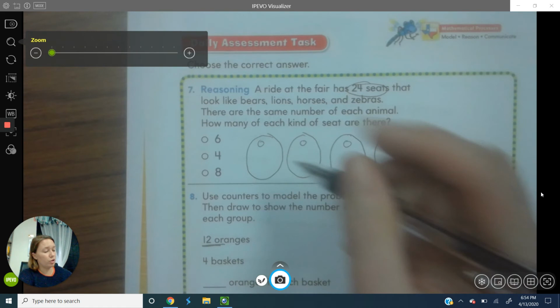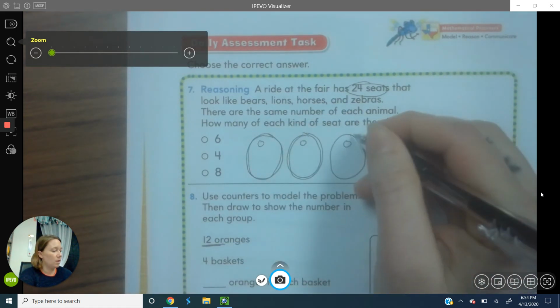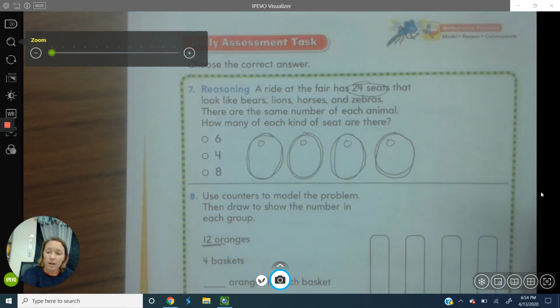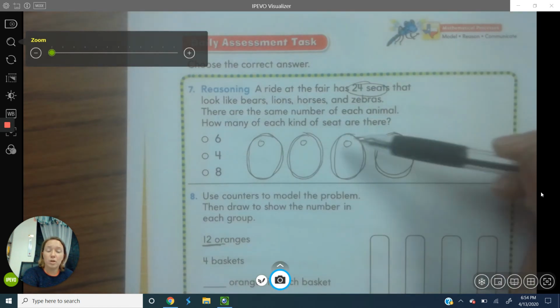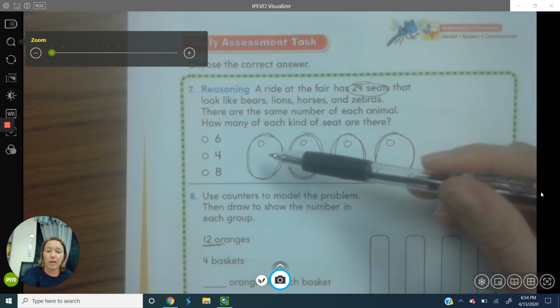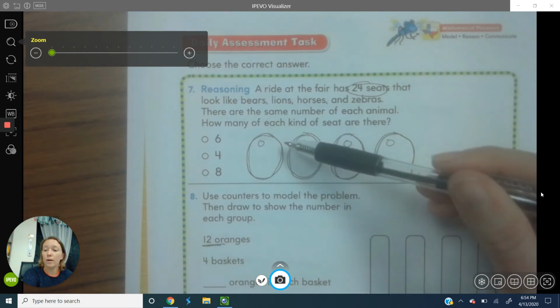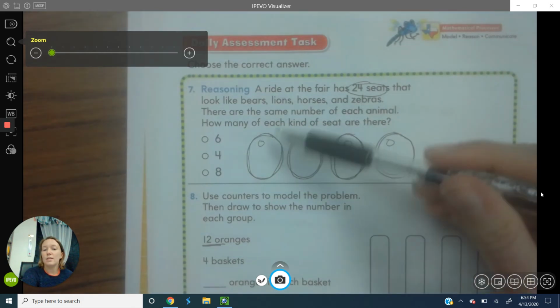So do a circle for bears, lions, horses, and zebras. Then you're going to pass out the seats. You're going to divide the 24 between those animals. Count them out: 1, 2, 3. Go back and continue until you get to the total, then see how many seats that is.